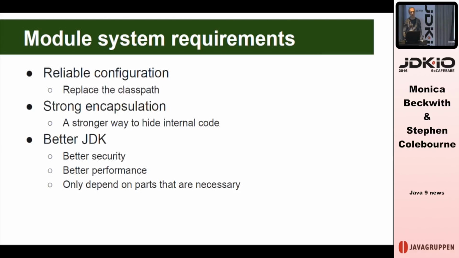So whole program optimizations should provide better performance over time. It also means you can only depend on those parts of the JDK that you actually care about. So if you don't care about Corba, don't depend on that bit of the JDK that provides Corba. That seems like a good thing, particularly if you want to reduce the size of your footprint for either a mobile phone or for any other kind of smaller download.